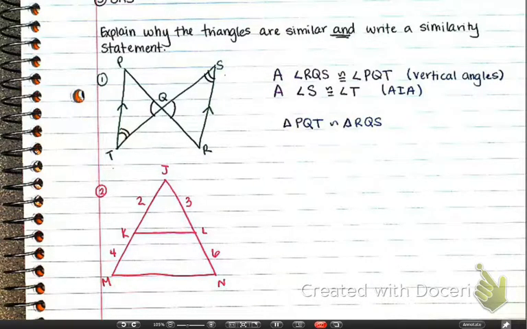Anyone go with angle? No? Why not? Why'd you not go with angle? Because we have no information about the angles. Okay, so you don't see any information about the angles, but you see information about the sides, right? So that gives you side, or side, angle, side. How many of you went with side, side?